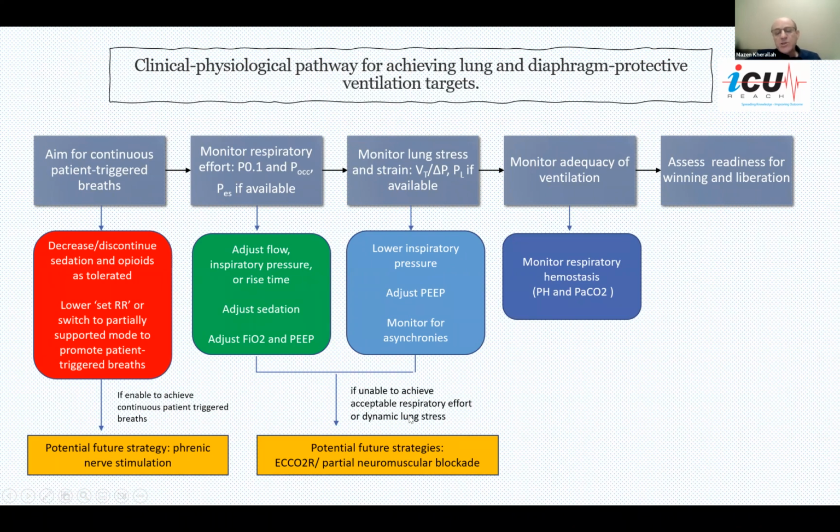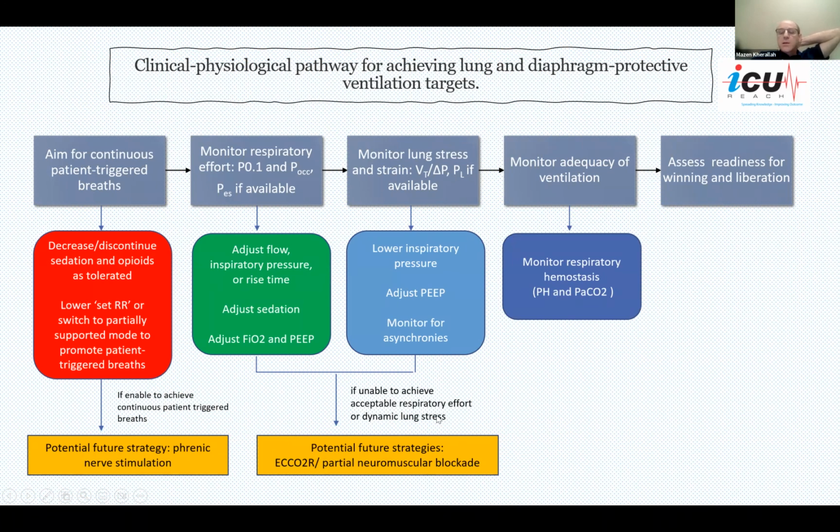If unable to achieve acceptable respiratory effort or dynamic lung stress, there are future strategies. We're already doing partial neuromuscular blockade, meaning that we're giving intermittent neuromuscular blockade rather than continuous. We also have some data about extracorporeal extraction of the CO2, but the data is so far negative.